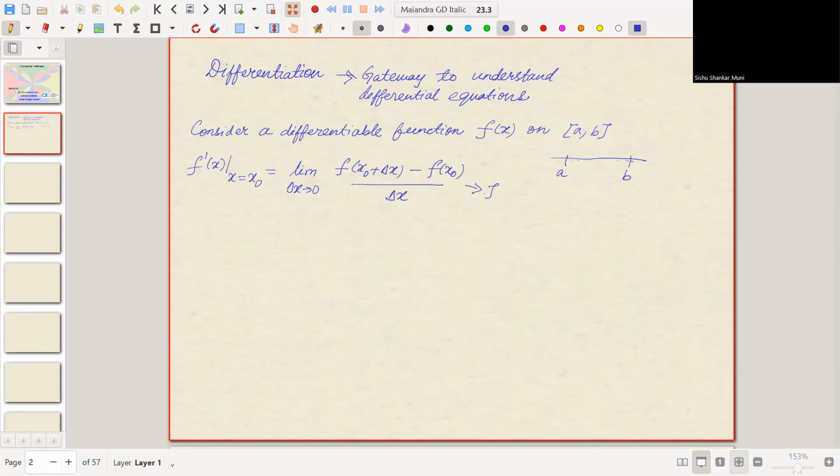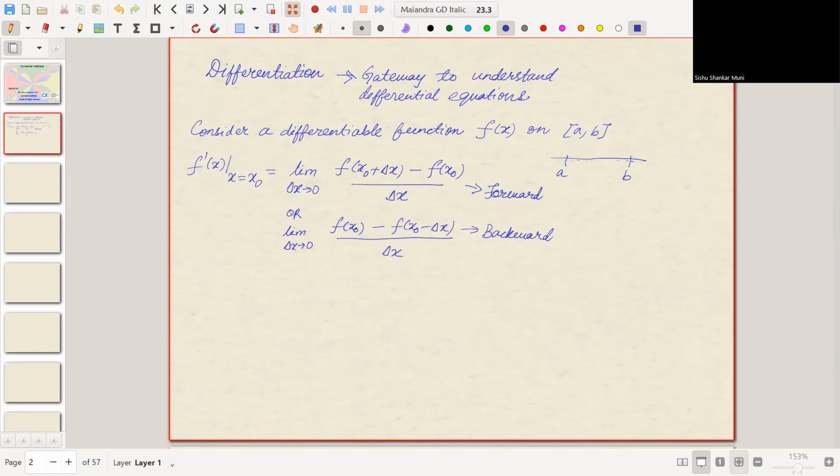This is known as the forward method. Or it can be written as limit delta x tends to 0, f of x naught minus f of x naught minus delta x, divided by delta x. This is the backward method.